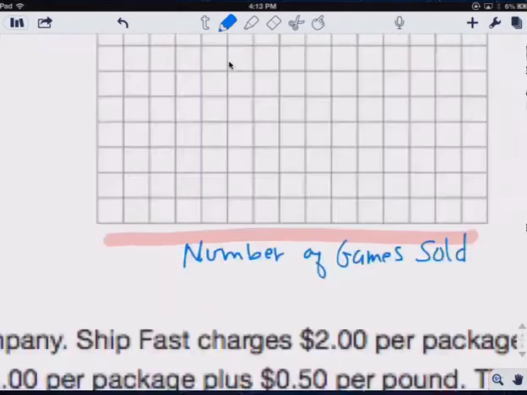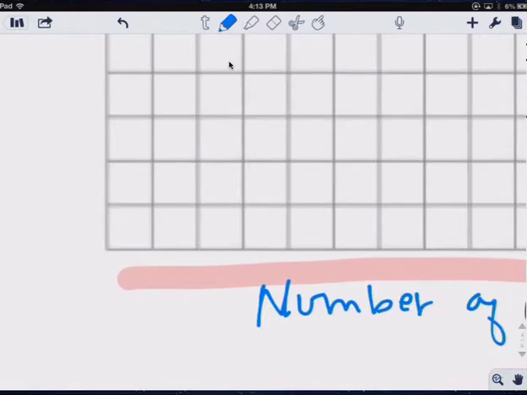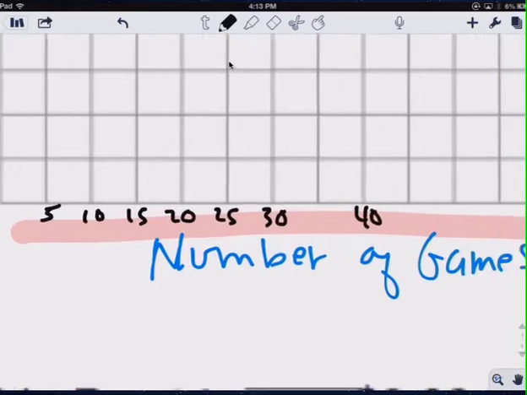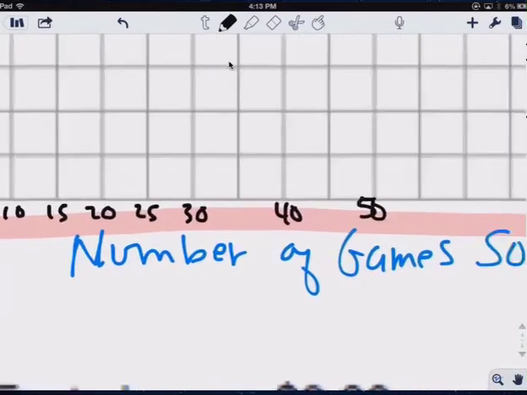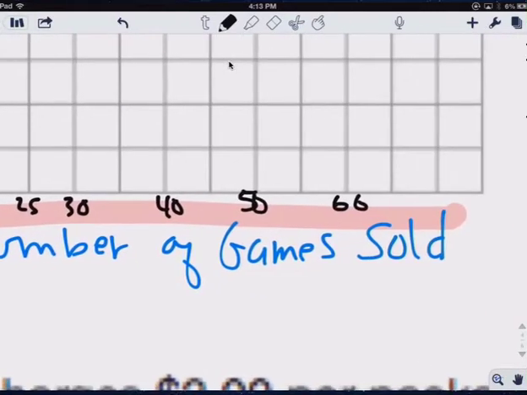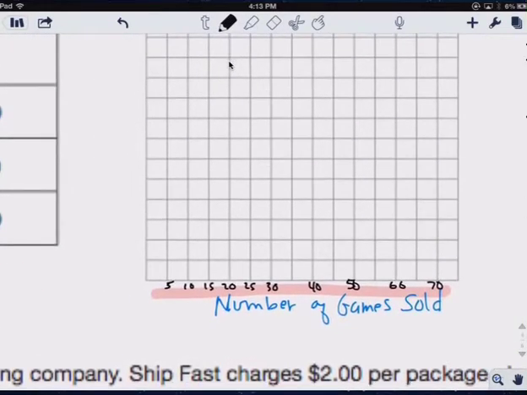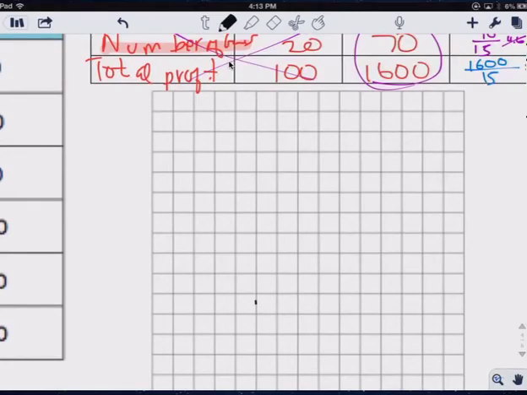I'm going to count that by 5s. 5, 10, 15, 20, 25, 30. Oh, takes up too much room. 35, 40, 45, 50, 55, 60, 65, 70. And up here, this here, total profit right there.